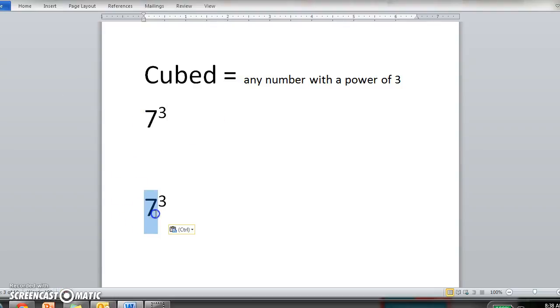So if I take 8 to the power of 3, I would say 8 cubed. And that means 8 to the power of 3. Down here, I would say 7 cubed, 7 to the power of 3.